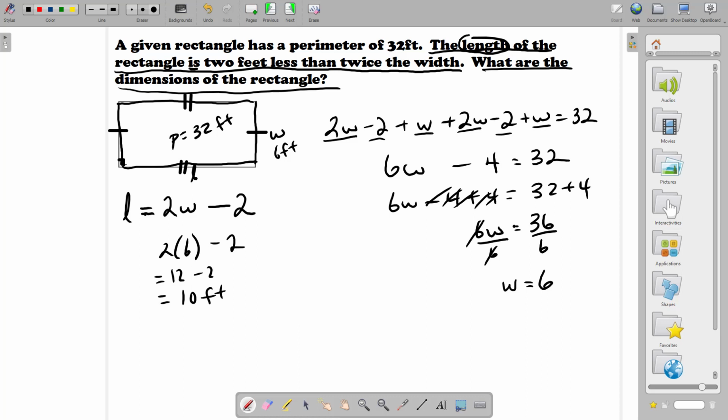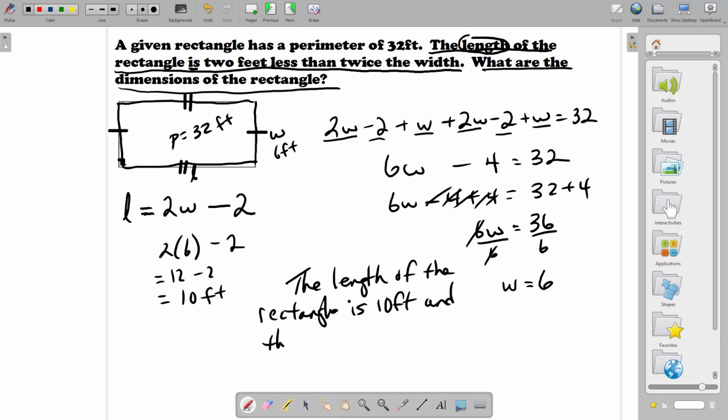I always like to take word problems and answer them with word answers. So the length of the rectangle is 10 feet and the width is 6 feet.